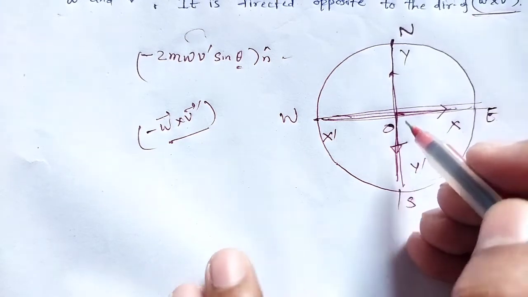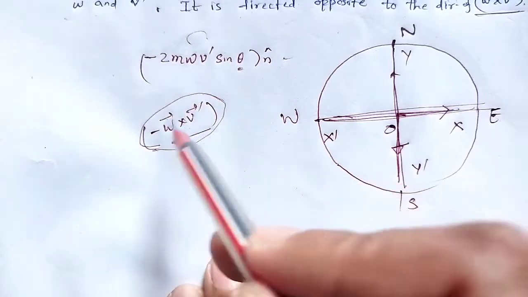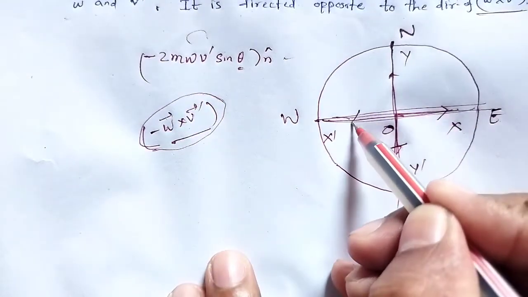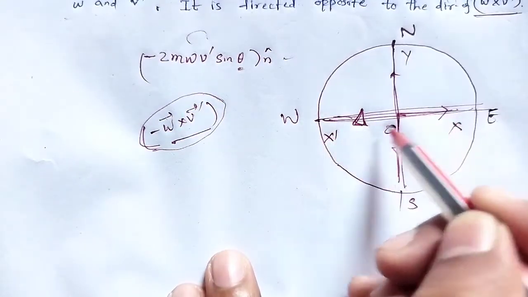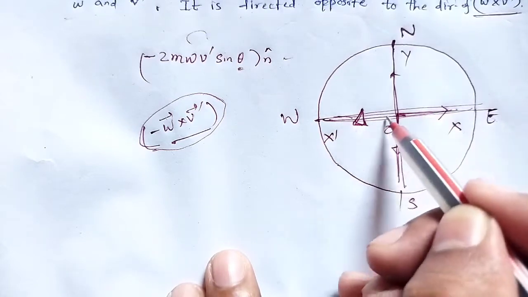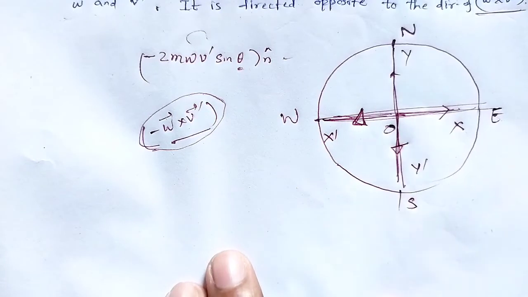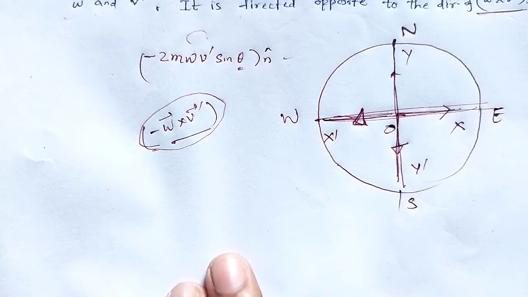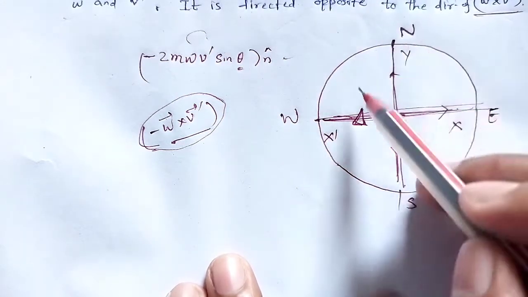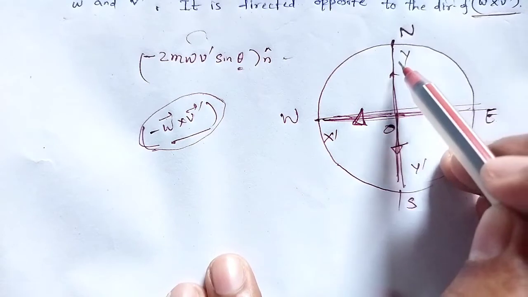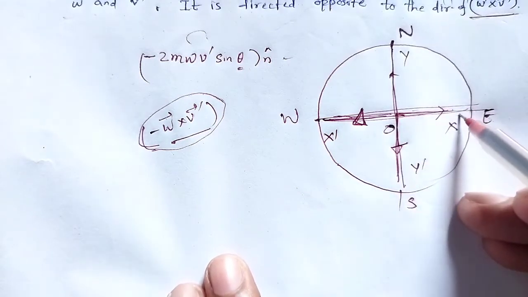According to the Coriolis force, minus omega cross v results in the negative direction of the x axis. Hence, from the above discussion, it is found that a body moving in the northern hemisphere is deflected towards the right, the positive direction of x-axis.